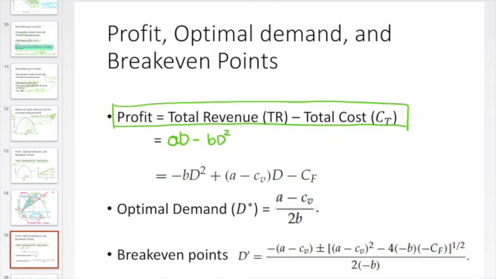And what is the total cost? Total cost is CF plus lowercase c v times D.